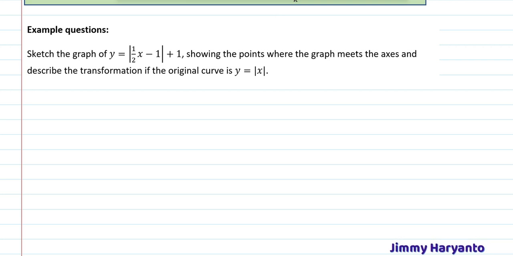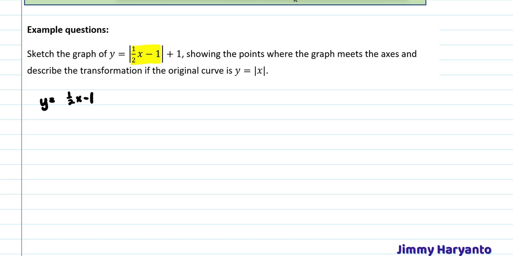Sketch the graph of y equals absolute value of half x minus 1, and plus 1. As I told you before, to sketch the graph, you have to sketch this one first without the absolute. So you have to sketch y equals half x minus 1. We already learned this in the previous grades.